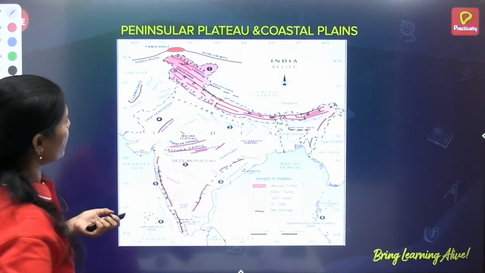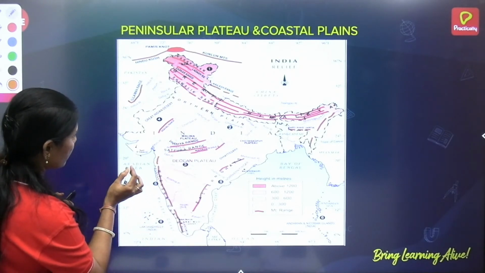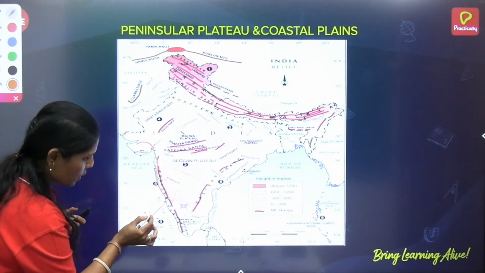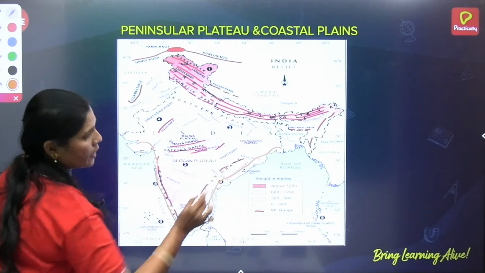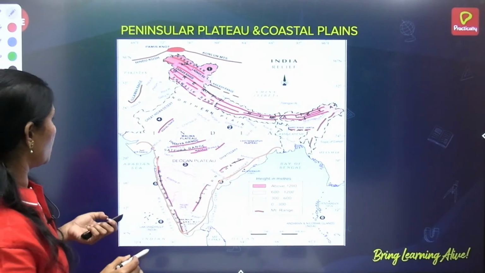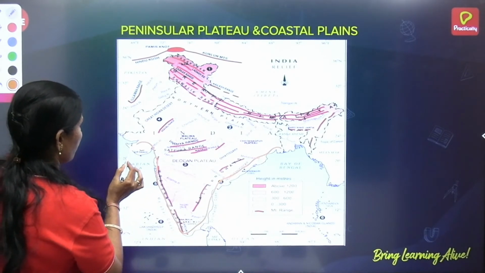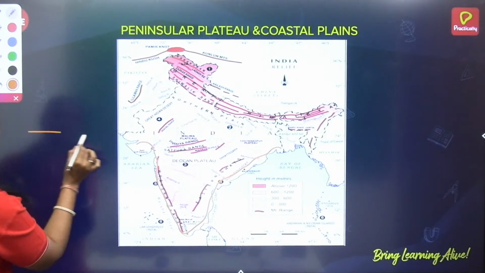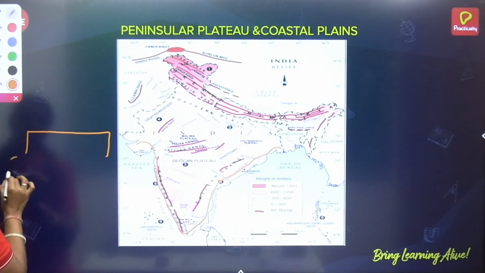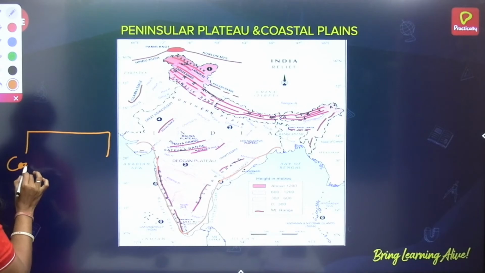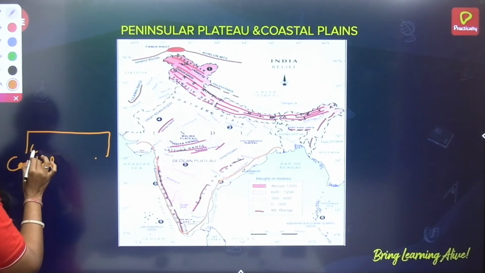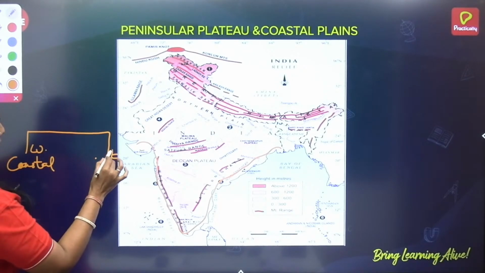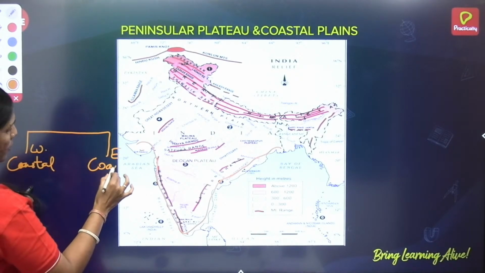Coming to the coastal plains. Coastal plains, these are the coast which is touched by the sea. Okay, coast. This is the western coast, and this is the eastern coast.